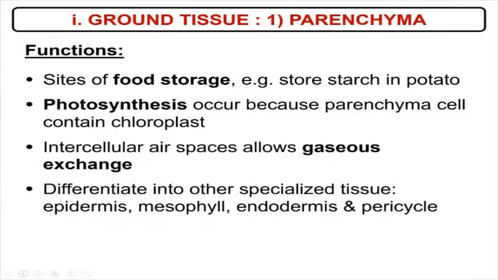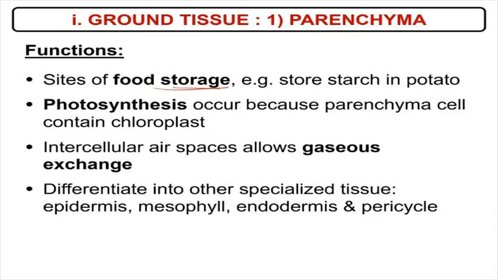The function is to store food. Because it is still active or undergoing metabolism, for example, the parenchyma at the mesophyll cell is involved in photosynthesis because they are living cells.